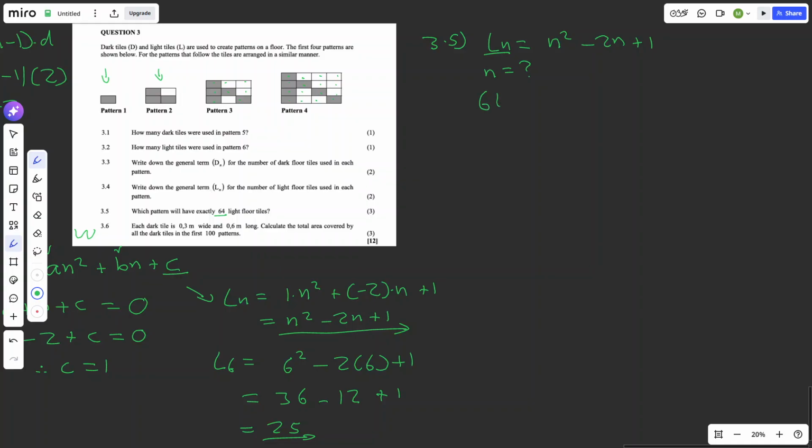So we'll have 64 is equal to n squared minus 2n plus 1. So this would be n squared minus 2n plus 1 minus 64 is equal to 0. So this will be n squared minus 2n minus 63 is equal to 0.